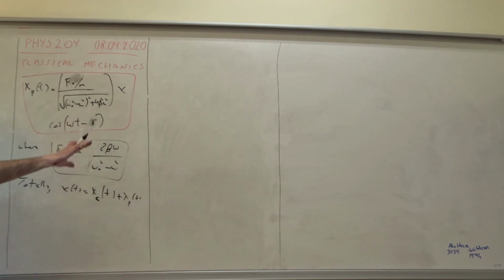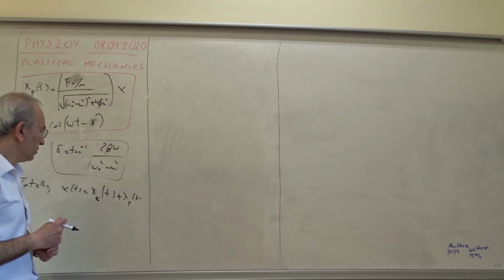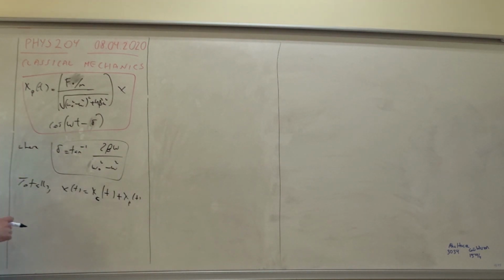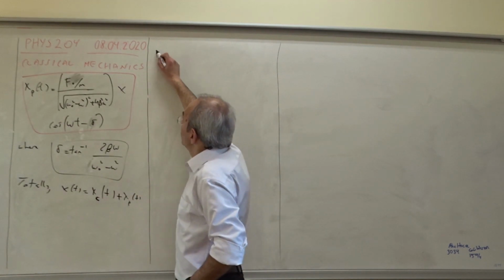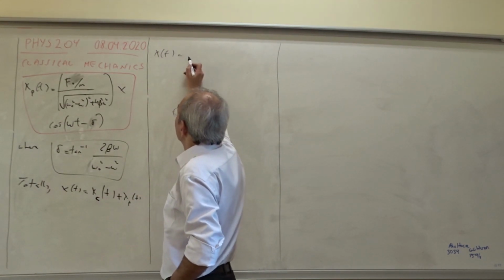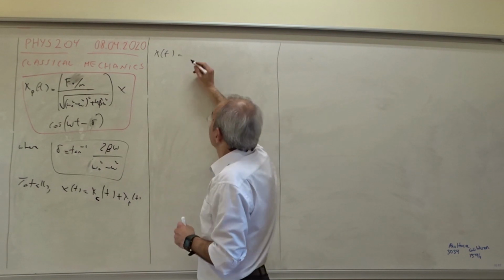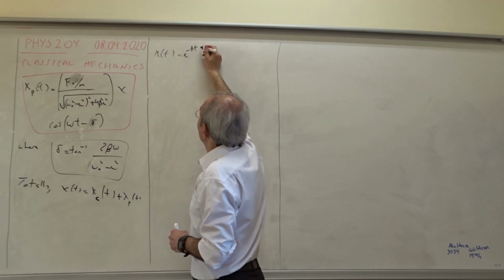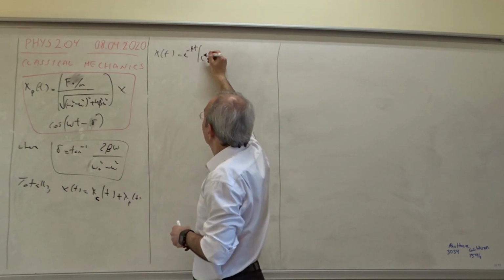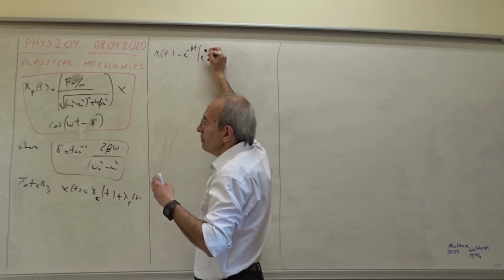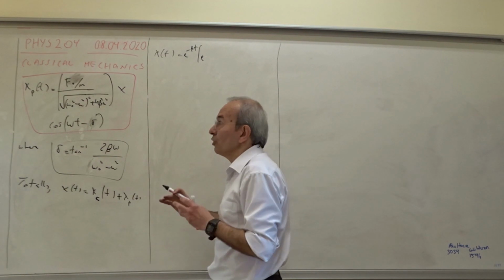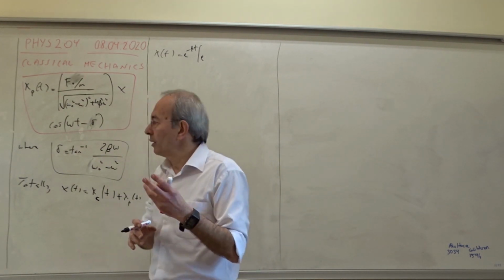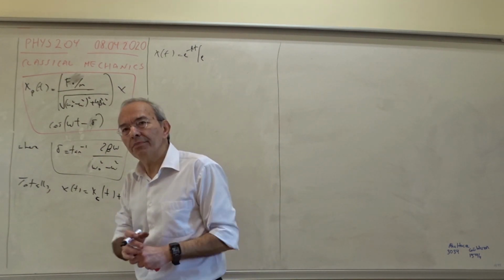So if you write the full result, it is the following. Let me write it here. X of t, or x general of t, is on the one hand e to the minus beta t, again maybe a real exponential, maybe an imaginary exponential, depending on the case. We don't know whether it is an overdamping or critically damping or underdamping case.